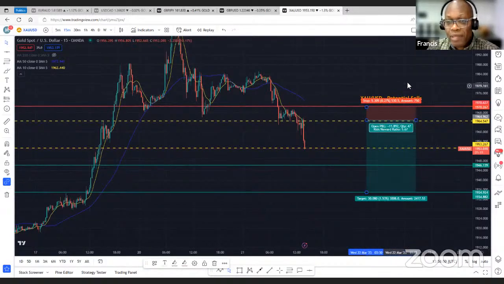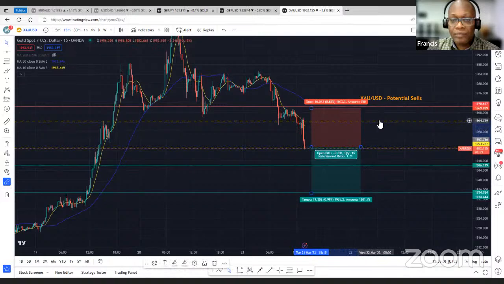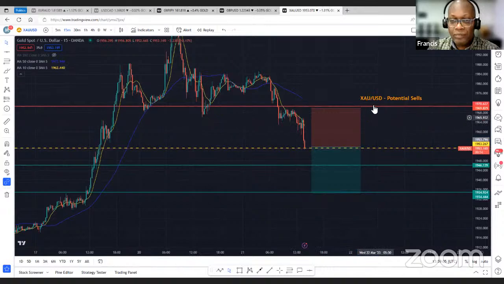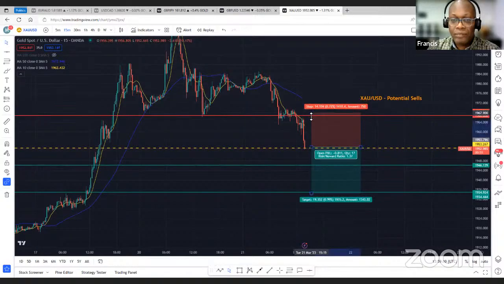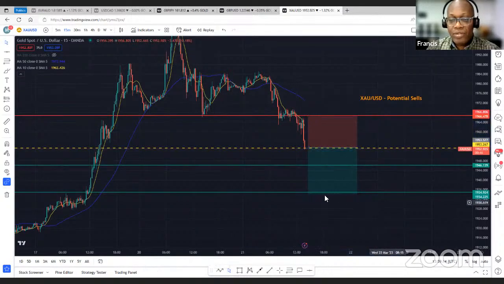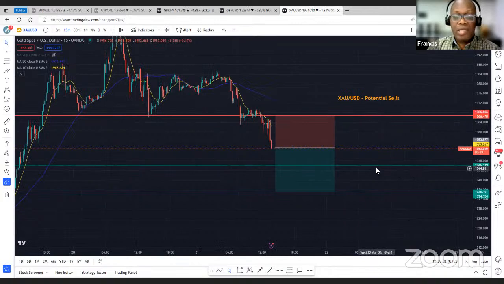I won't be marking it up like I marked up the other one. But like I say, do not take both trades. Take only one, if anything. Do not take both.